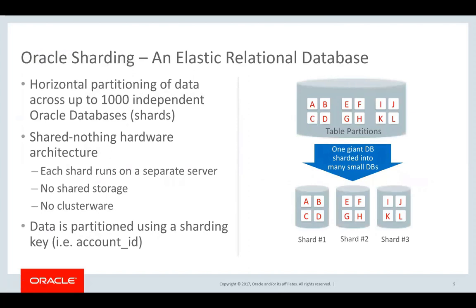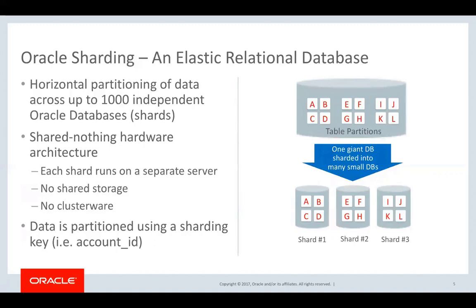Right. What sharding is, it's basically a geo-distributed database architecture that allows you to get linear scalability, fault isolation, and global data distribution. Okay. What it entails is horizontal partitioning of data across a pool of databases. We say up to 1,000 databases in this first release, right?